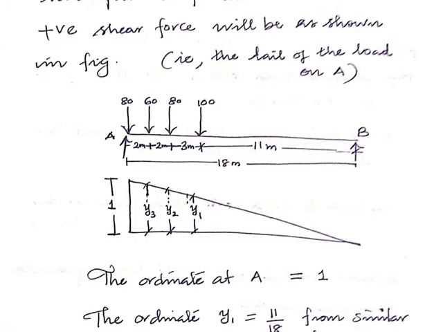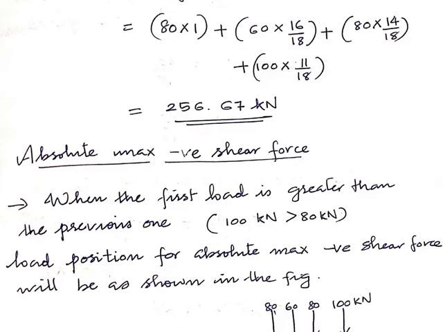So now the value of absolute maximum positive shear force will be 100 into Y1 plus 80 into Y2 plus 60 into Y3 plus 80 into 1. So that is what is done here.